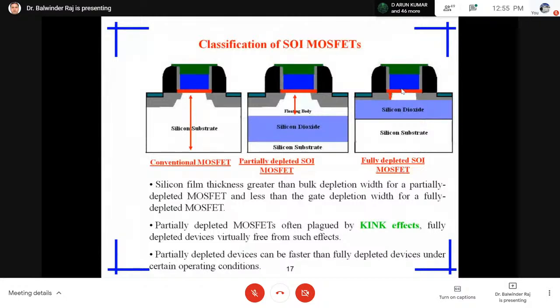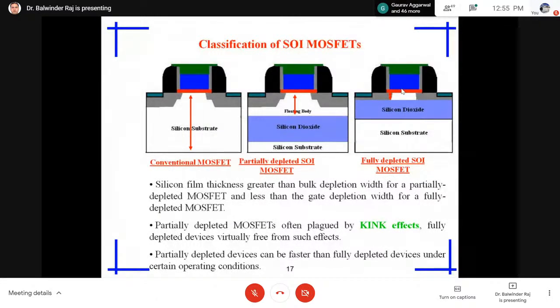What is the kink effect? The kink effect is a sudden rise in the drain current in the device. In the textbook IV characteristics, you might have seen that after the linear region there is a saturation region. The linear region is the same in partially and fully depleted devices as in the conventional, but during the saturation region there is a slight increase in the drain current as compared to the conventional.